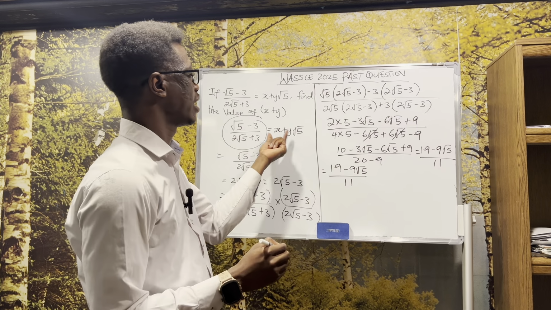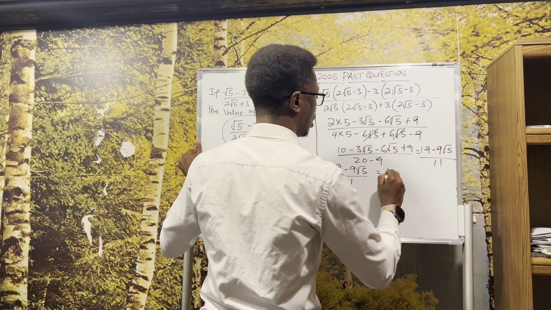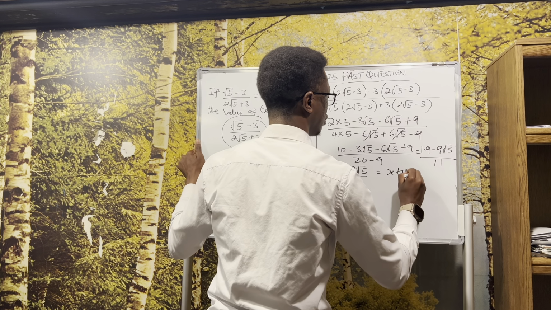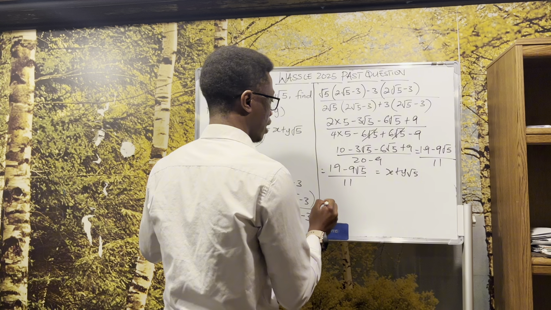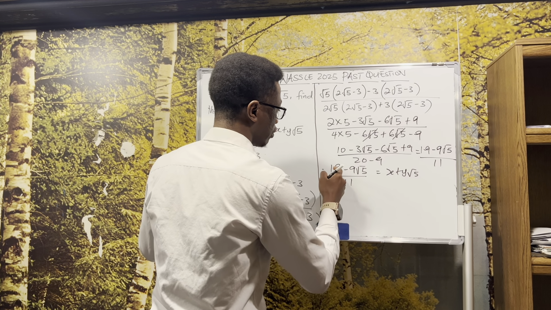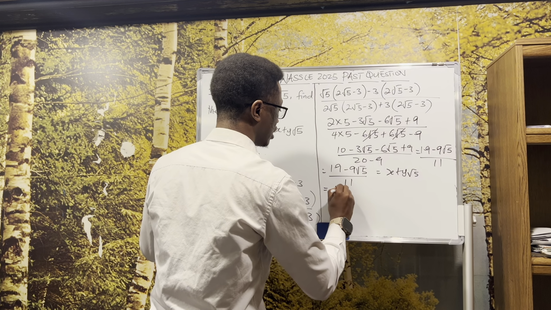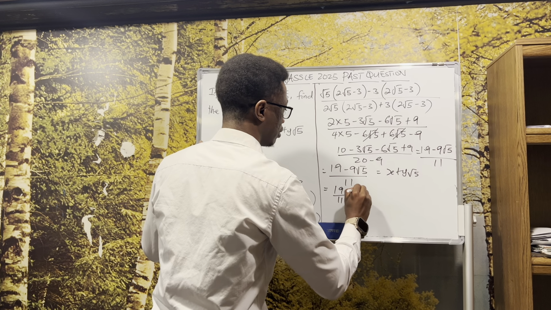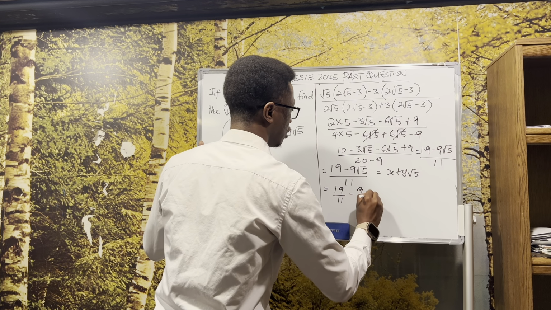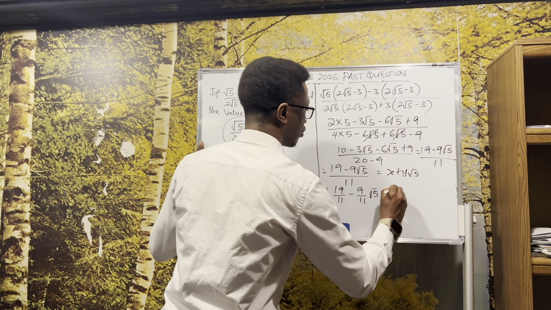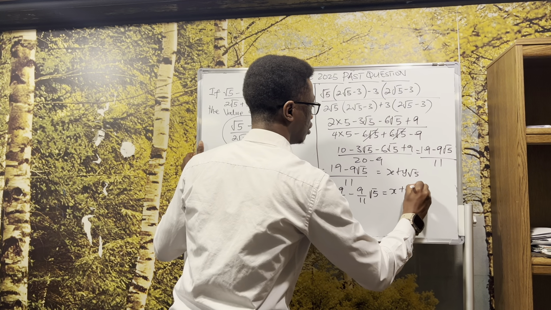Now let's bring this equal to x plus y root 5. If we want to separate, this can also be written as 19 over 11 minus 9 over 11 root 5, so we can compare with x plus y root 5.